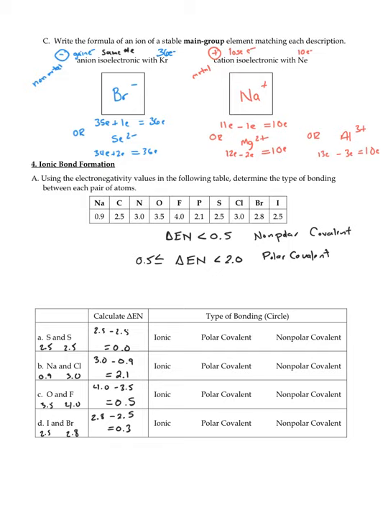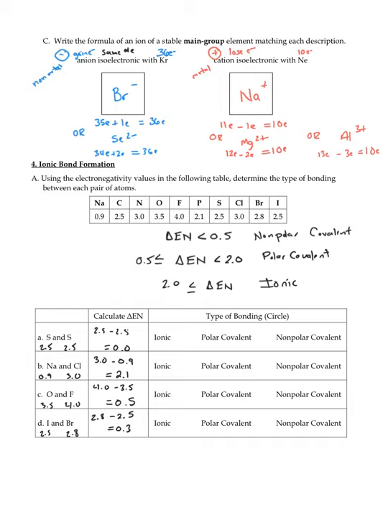And then once we hit that 2.0, if our difference in electronegativity is greater than or equal to 2.0, that's when we have an ionic situation. And that's when we get a transfer of electrons from usually a metal to a non-metal.